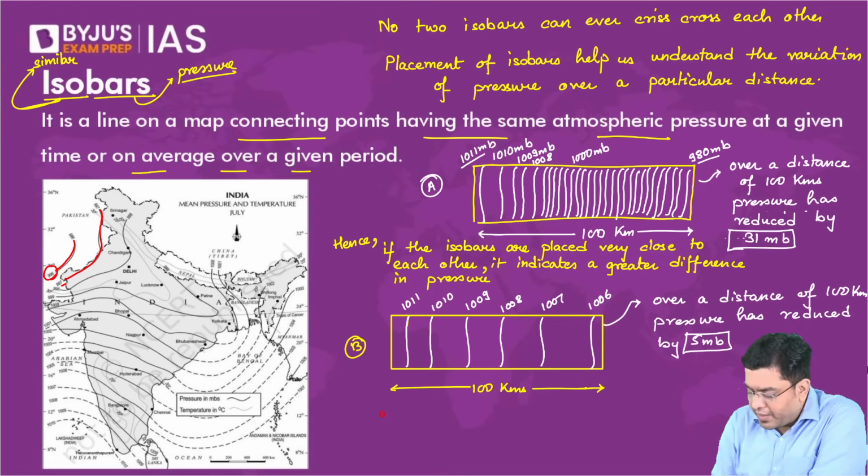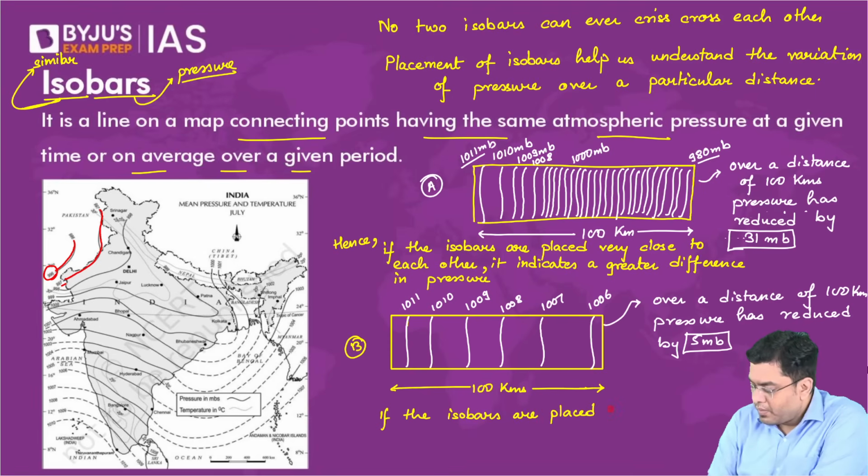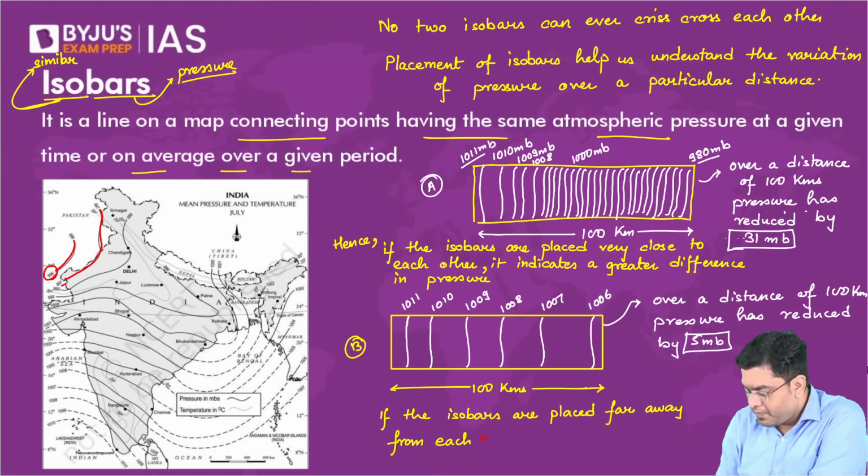If the isobars are placed far away from each other, it indicates a gradual variation in pressure.